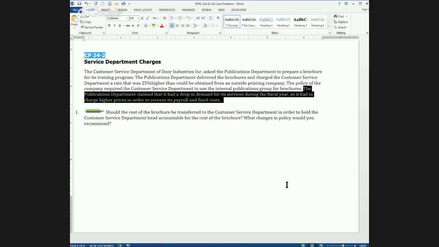Secondly, you have the publications department that is being rewarded for not working and is able to cover its lack of business by overcharging its fellow division. Would that result in tensions between the different departments? What range of prices could this publications department charge for its services to Door Industries?